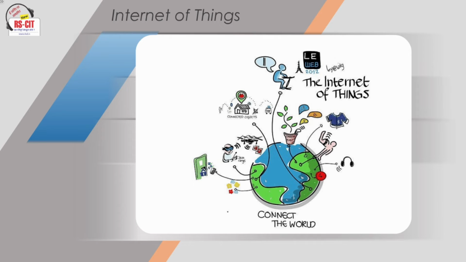IoT has evolved from the convergence of wireless technologies, micro-electromechanical systems, that is MEMS, and the Internet. The Internet of Things really comes together with the connection of sensors and machines. The Internet of Things basically revolves around increased machine-to-machine communication, that is M2M.